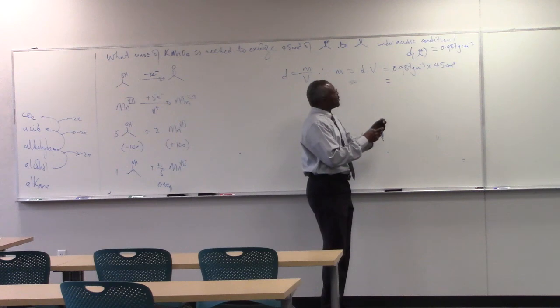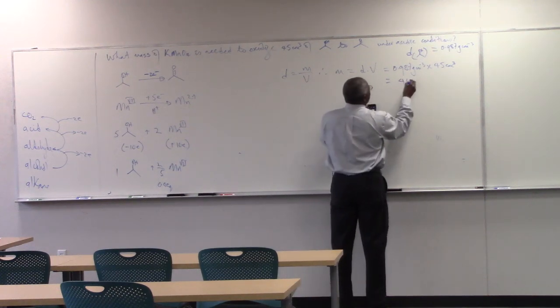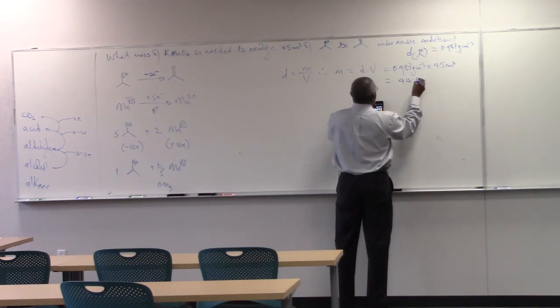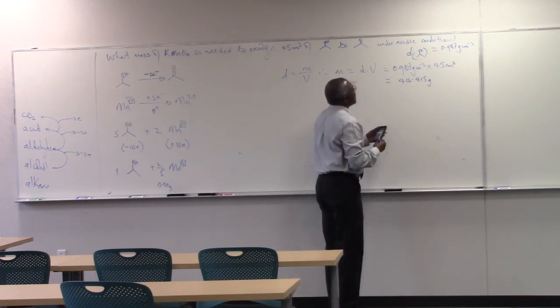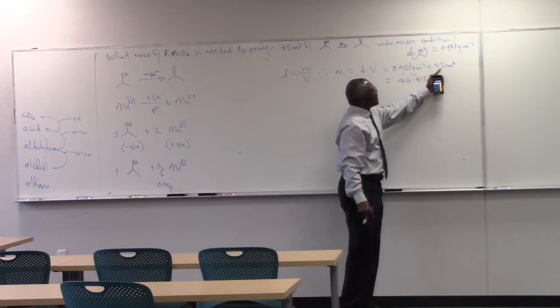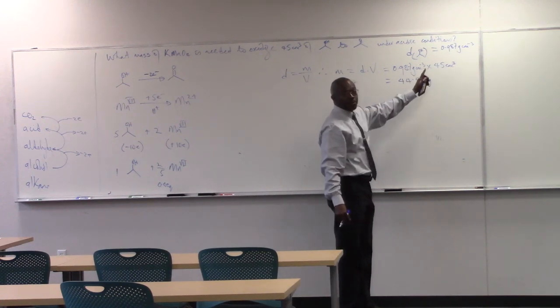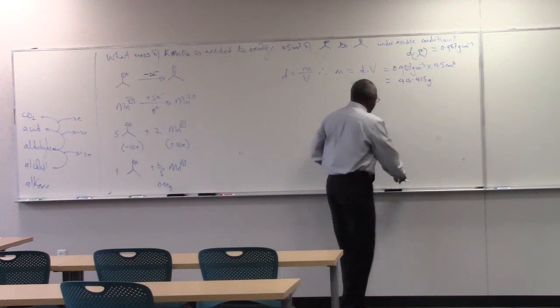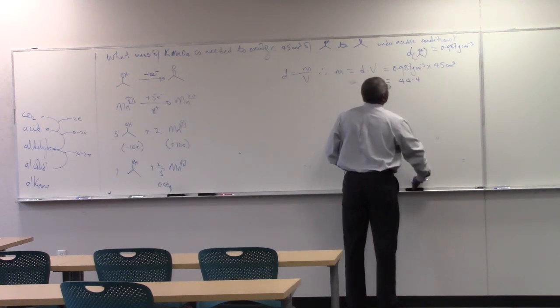I'm just guessing. So 0.987 times 45. Okay, way off. So that's 44.415 grams. Now, I'm really limited to 2 sig figs in these calculations. I'm going to carry 3 of them through until I get to the end. So I'm going to go ahead and make this 44.4 grams.